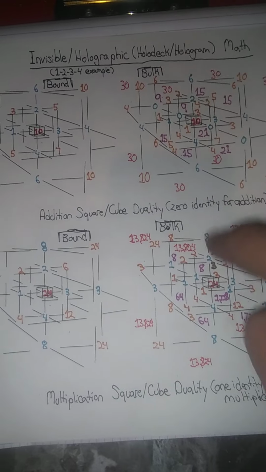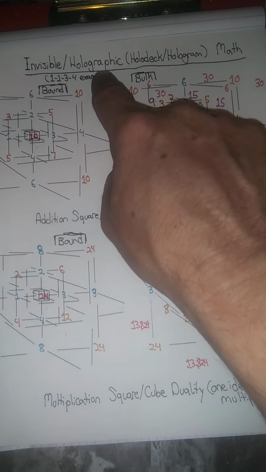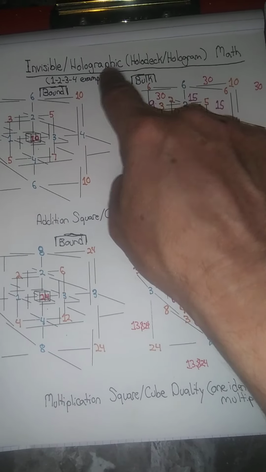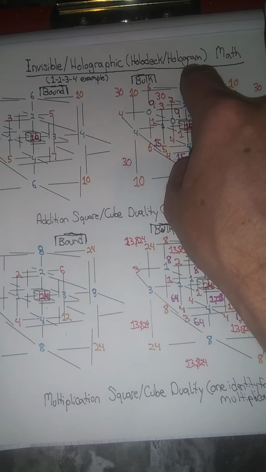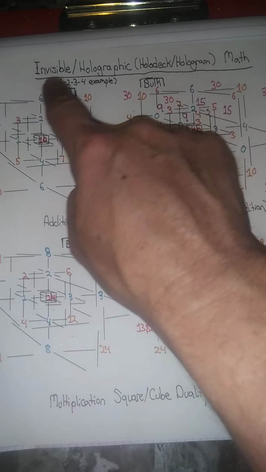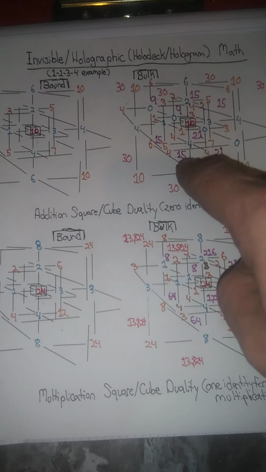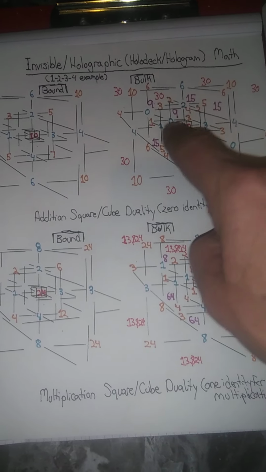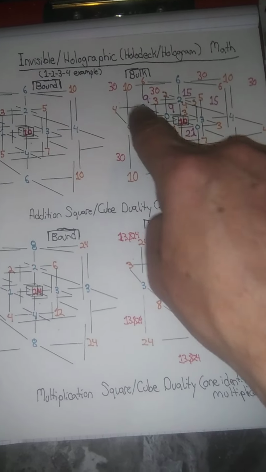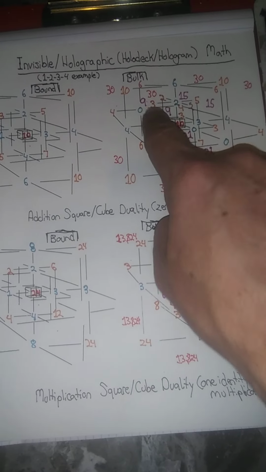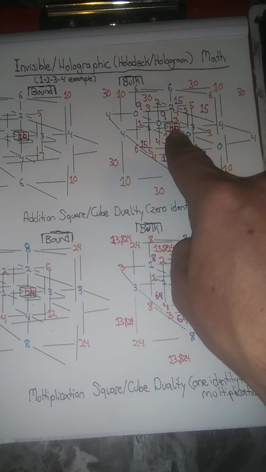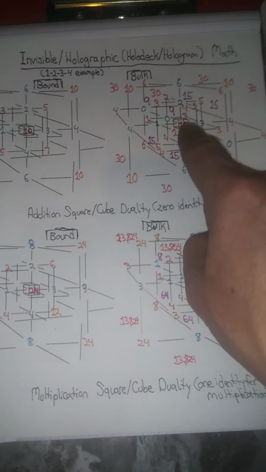This is the bulk of the invisible holographic, not only just holographic, but holodeck, hologram, holographic, invisible duality. The cloaking numbers, the holodeck numbers, and the hologram inside the holodeck numbers.